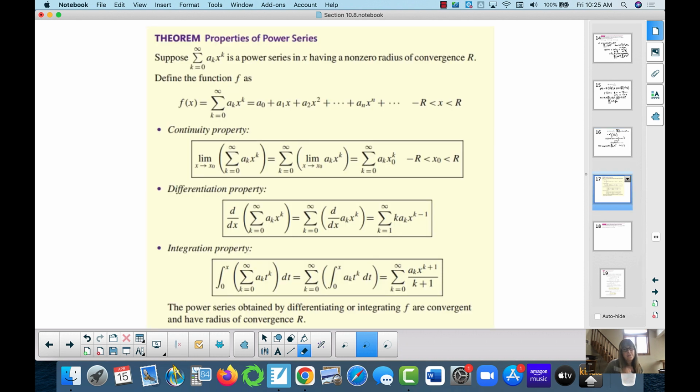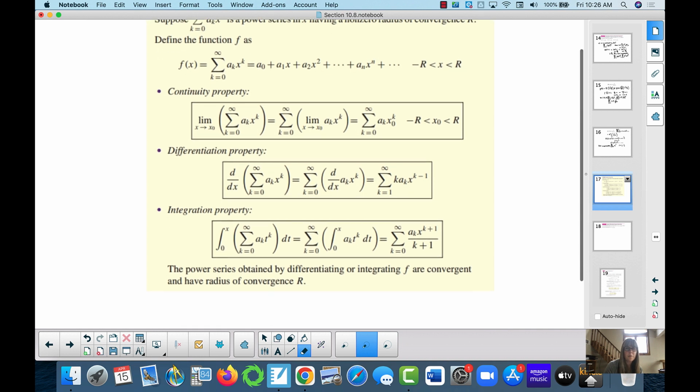All right, the last thing that we're going to look at are some properties of power series. So we have the continuity property, and the continuity property says that the limit as x approaches some number x sub 0 for this power series right here, we can make that into the power series of the limit as x approaches some number x sub 0 of this, which is just this power series with x sub 0 plugged in.